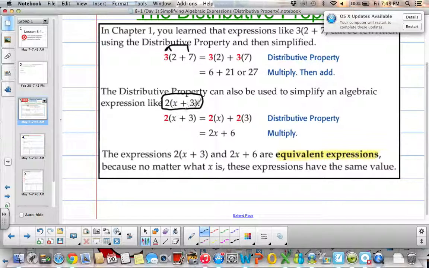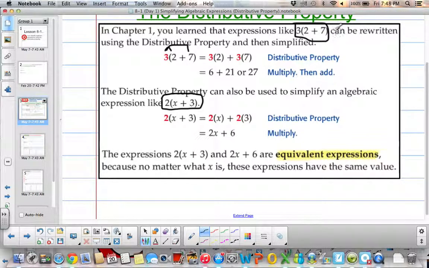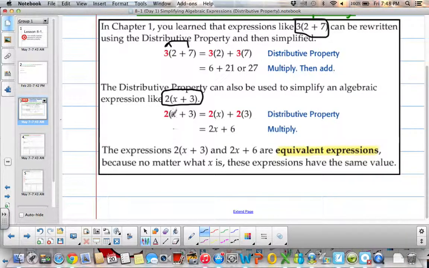So 2 times x plus 3 is an example of an algebraic expression. 3 times 2 plus 7 is an example of an expression. It does not have a variable, therefore it is not an algebraic expression. So we would do the exact same thing. We would distribute our 2 out to the x and to the 3. So we would have 2 times x plus 2 times 3, and we get 2x plus 6.